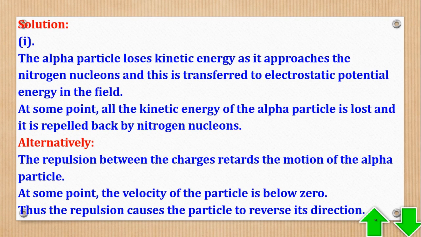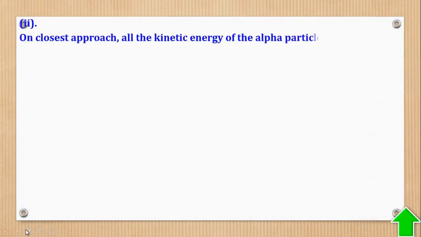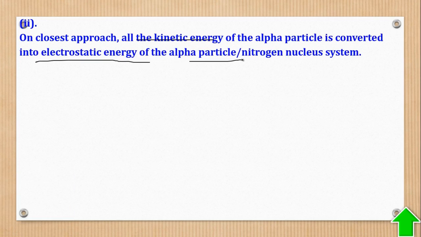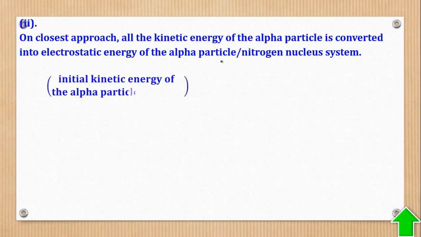Now we shall go to Roman 2. So we shall remember that on closest approach, all the kinetic energy of the alpha particle is converted into electrostatic energy of the alpha particle nitrogen nucleus system.